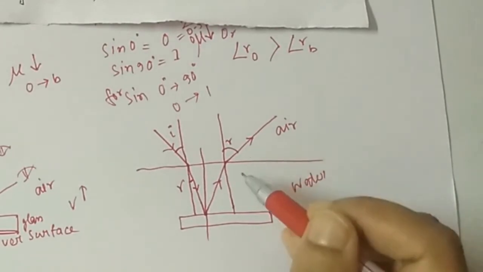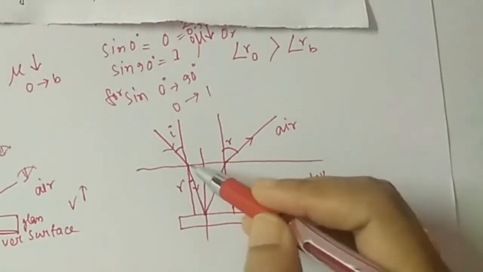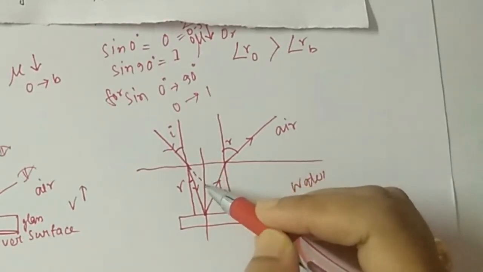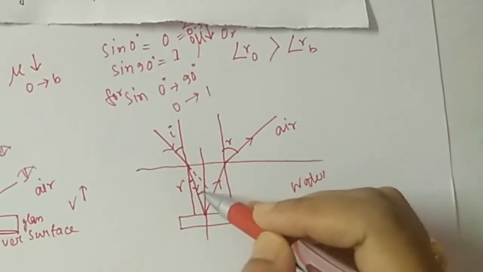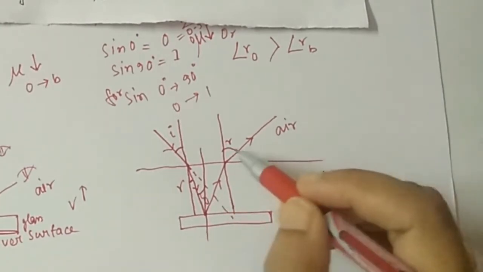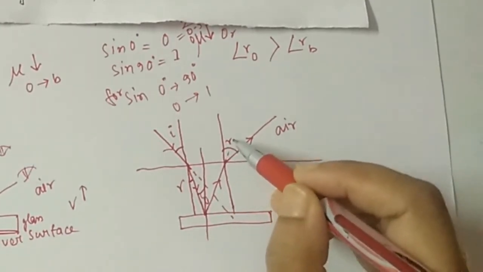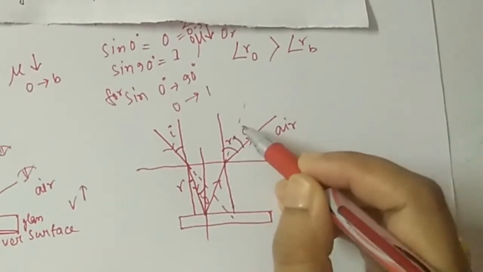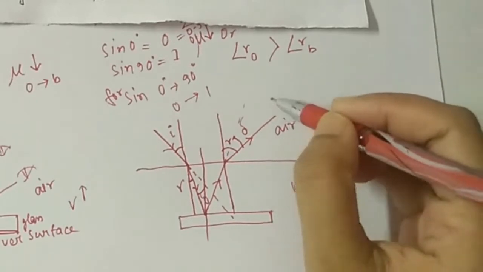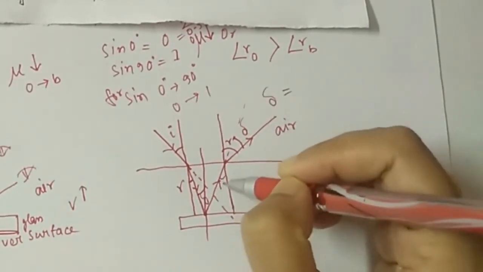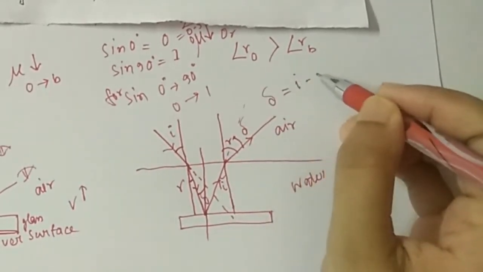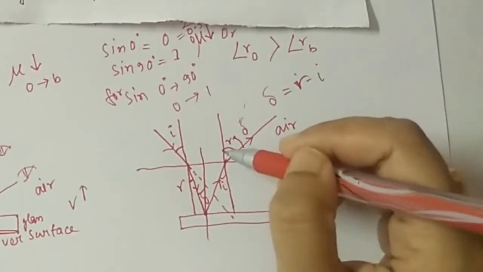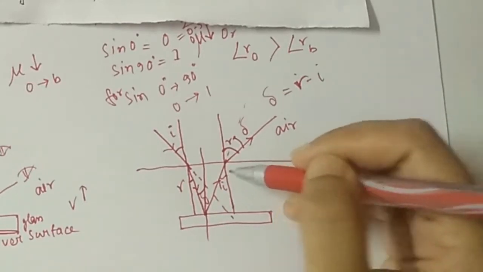Now what is the deviation? If we extend the line like that, this will be the deviation delta, and here also if we extend the line, the deviation will be this one. Here delta is equal to r minus i, as the angle of refraction is greater than the angle of incidence.